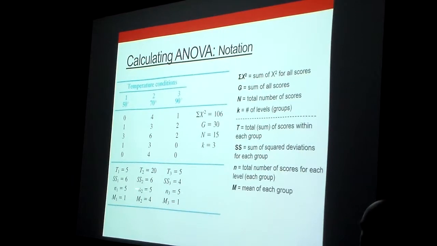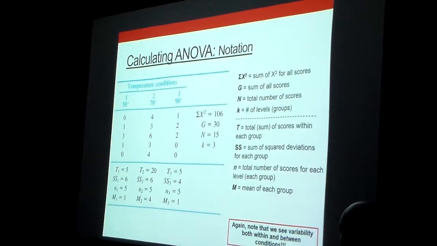Our n, the total number of participants in each condition, is 5, 5, and 5. And then here is our mean across each one of these. Questions on any of this? Okay.